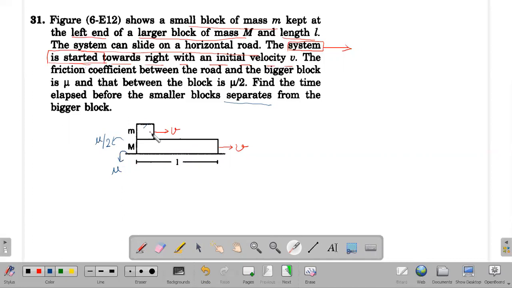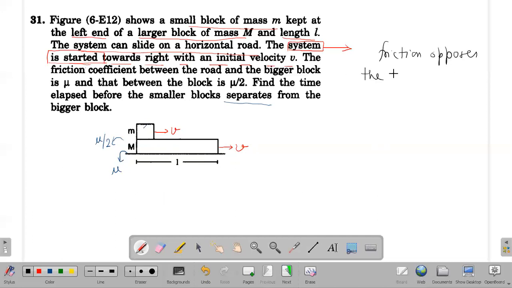Since both the blocks have been given the same velocity v, we all know the basic characteristic of the friction force: friction always opposes the relative motion. That is the basic nature of friction.